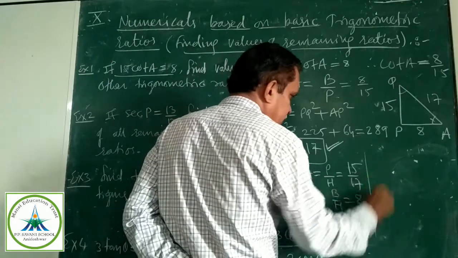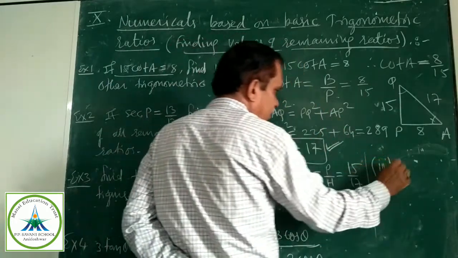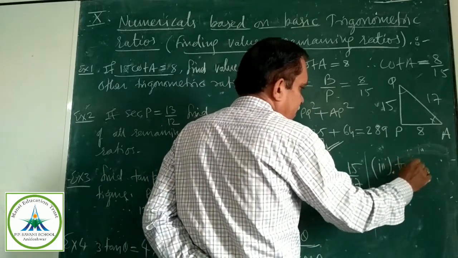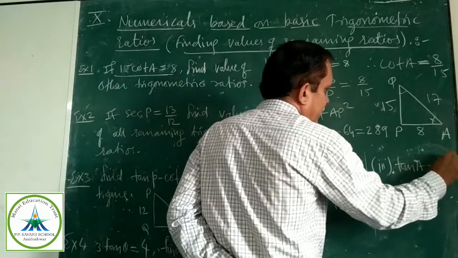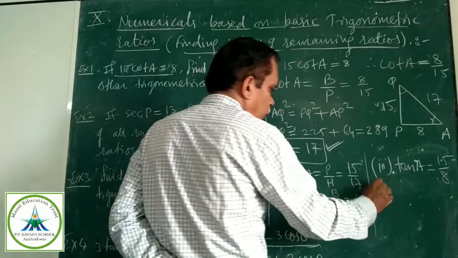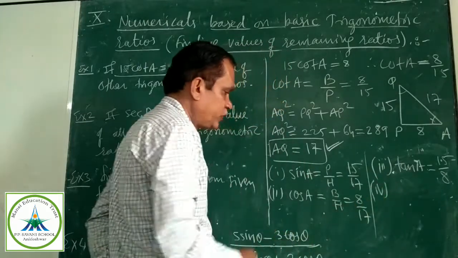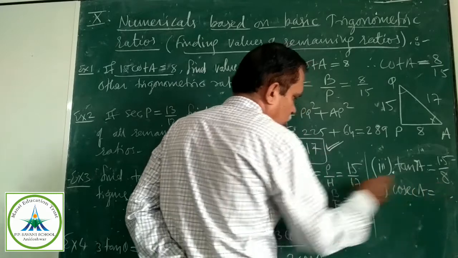Again, see what is there? What is known to us? Tan A. Tan A is reciprocal of what? I can get it as 8 upon 15. Now cosec is reciprocal of sin.